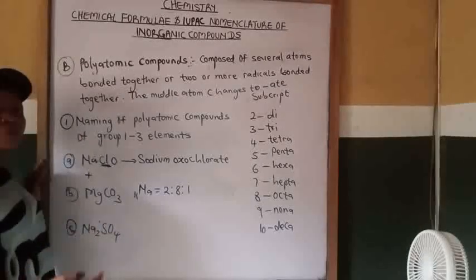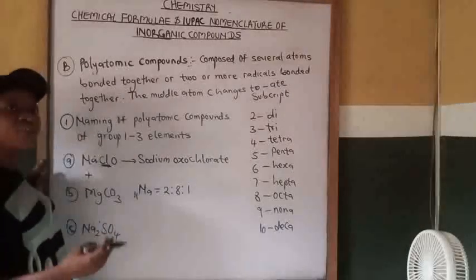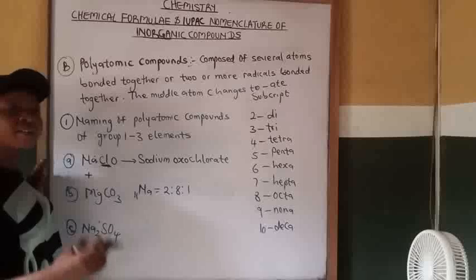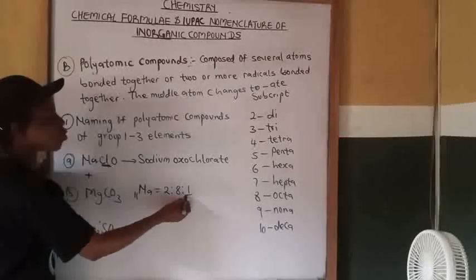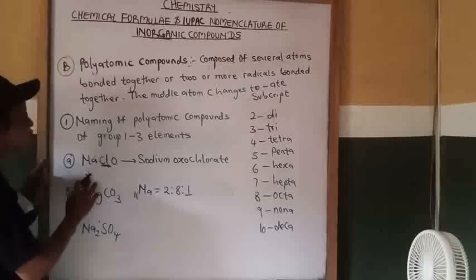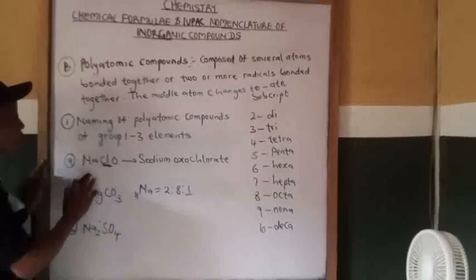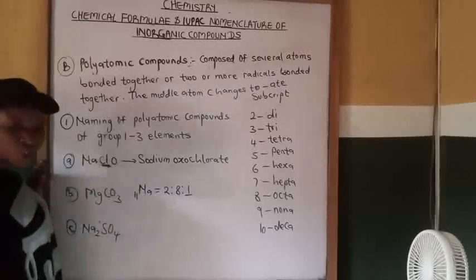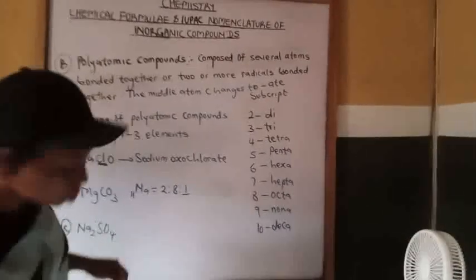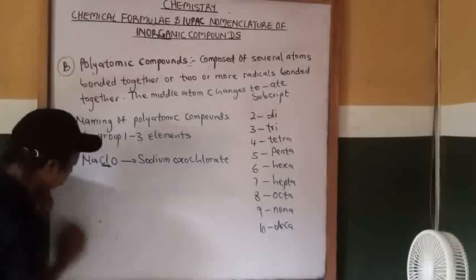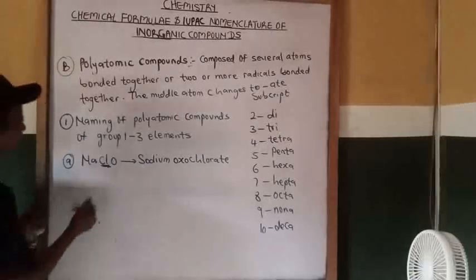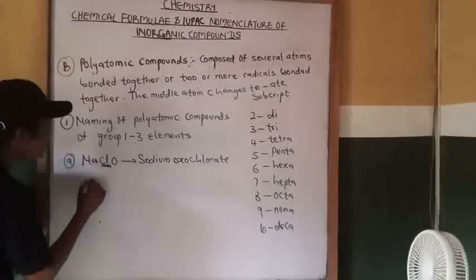Those elements with 1, 2, 3 valence electrons are positively charged. So this one has 1 valence electron. Therefore, the charge on sodium is +1.